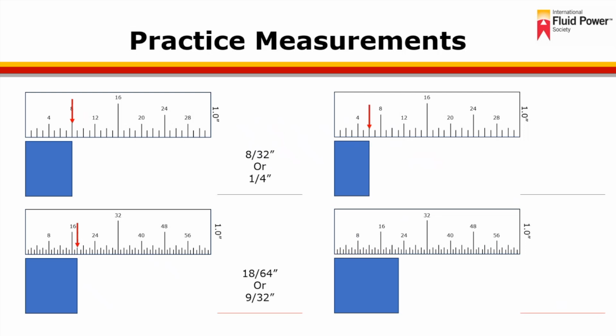For number 3, we see that the part measures to the 6th line, which would be measured as 6/32, or could be reduced to 3/16. For number 4, we see that the part measures to the 22nd line, which would be measured as 22/64, or could be reduced to 11/32, again if we are looking for reduced fractions.